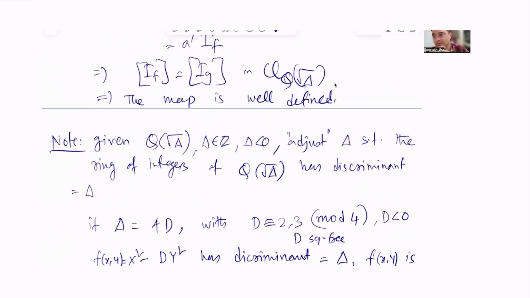In principle, if you start with any ideal, you can have at most two generators over Z. Let's say the generators are alpha and beta, and then you send it to the binary quadratic form whose value at xy is the norm of alpha x plus beta y, divided by the norm of I.